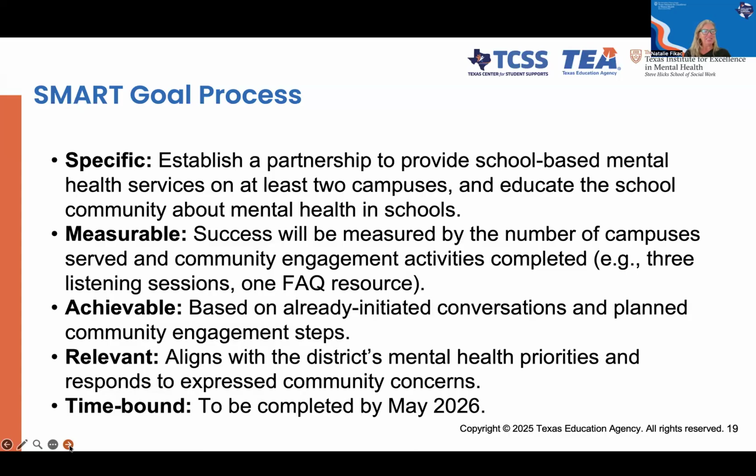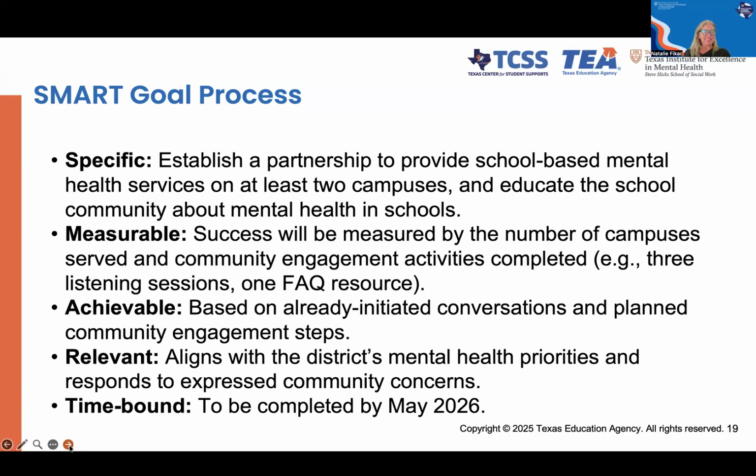Here are some ways that these specific areas could be measured. Success will be measured by the number of campuses served and community engagement activities completed. Example, 3 listening sessions, 1 FAQ resource, etc. Here are some ways that these specific goals could be achievable based on already initiated conversations and planned community engagement steps.